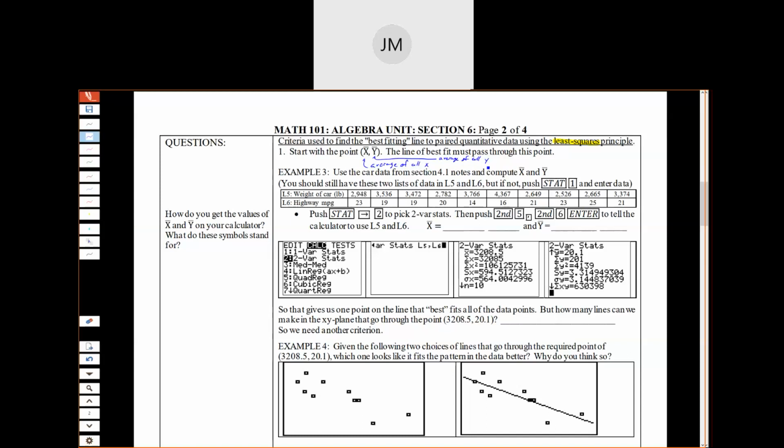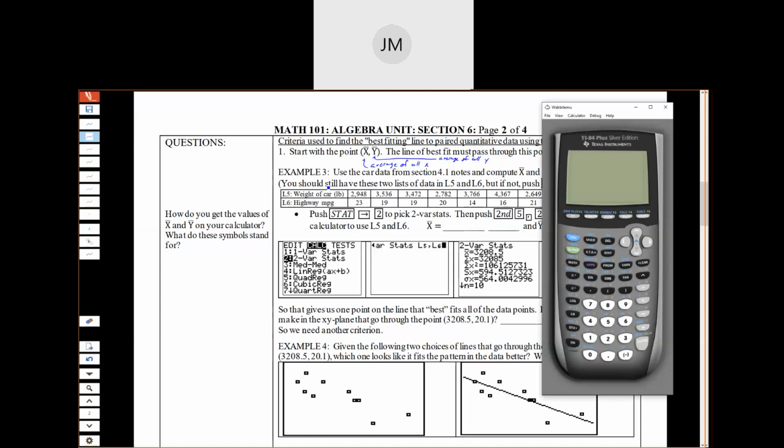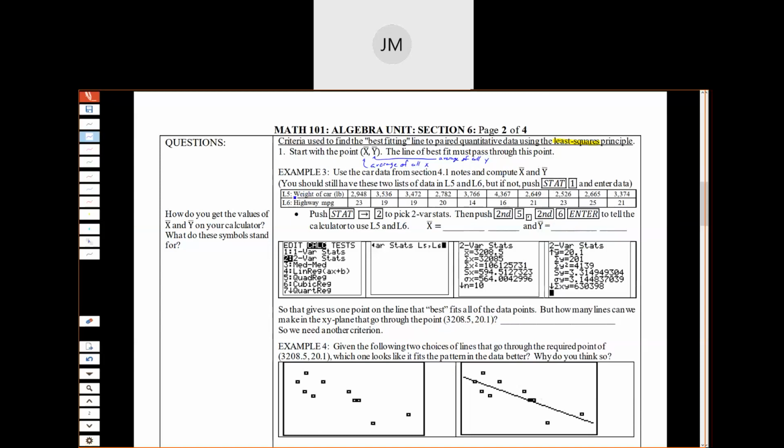Now, what I want to do is first show you how we can go about getting this average point. We're going to pick this set of data: weight of a car and highway mileage.